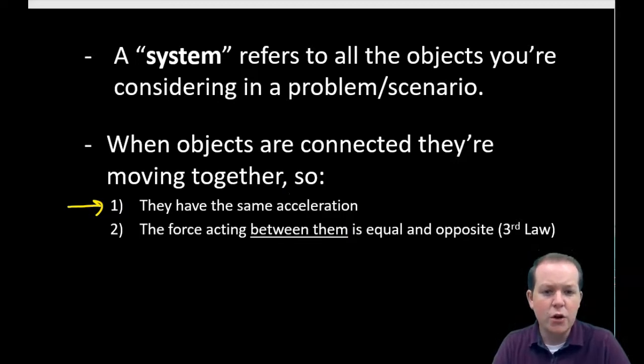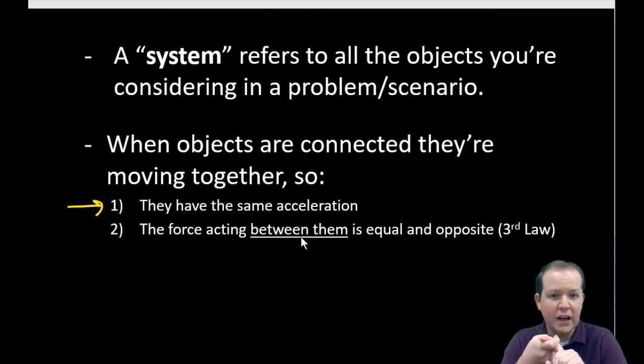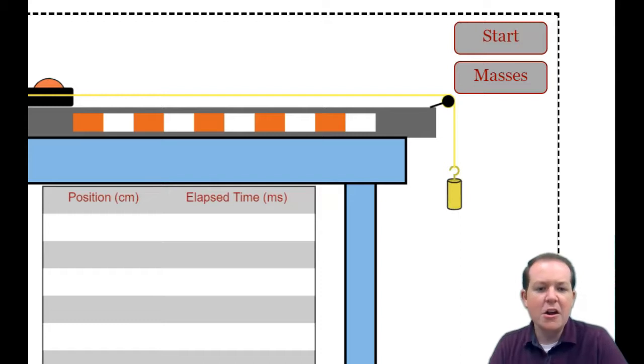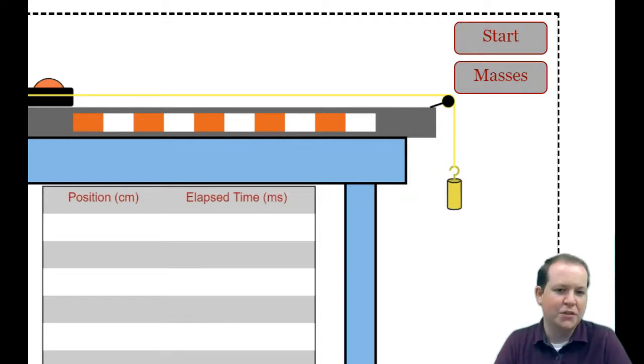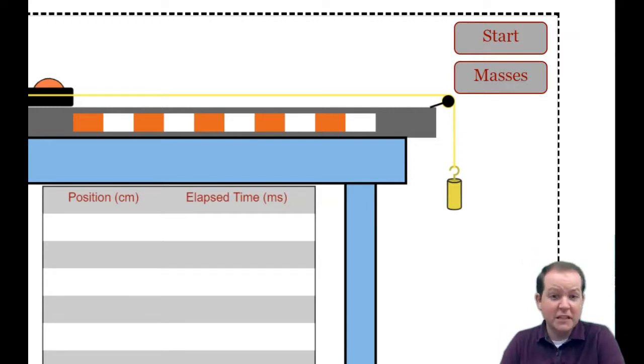What else is true? Well, if we consider Newton's third law, it says that the forces between objects are going to be the same. What do I mean by that? I'm going to go back to my diagram real quick. Here I have this tension force. There's a tension force on this mass. This string is applying an upward force on this mass, and this string is applying a rightward force on this mass.